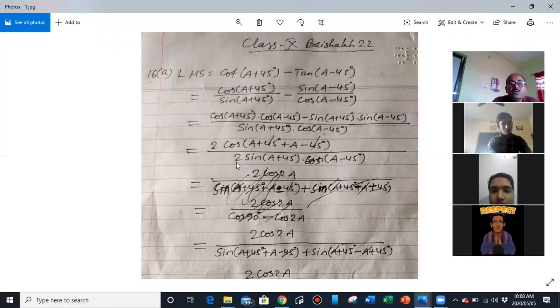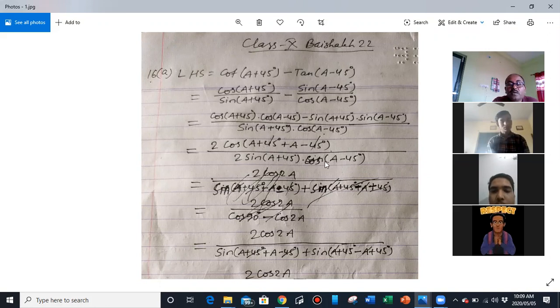Our denominator is 2 sin A cos B, with A meaning A plus 45 and B meaning A minus 45. Now here 45 cancelled, A plus A will become 2A. This step was a mistake, so I rubbed it. So the numerator is 2 cos 2A. In the denominator, there is another formula.